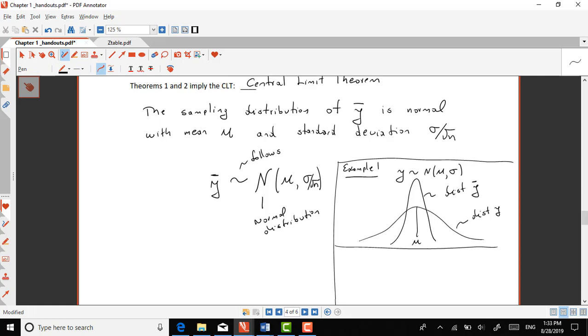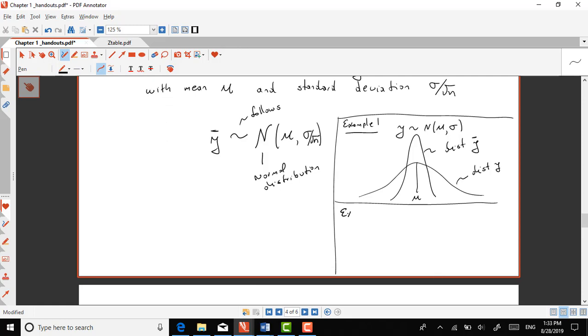So, for example, for that result to hold, you can have something that looks like a log normal distribution, with a very long tail.